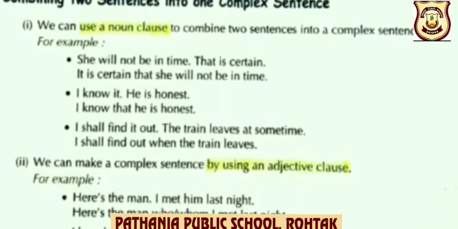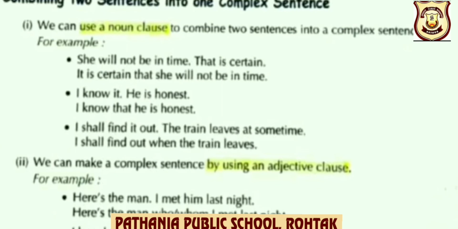And you all very well know that subordinate clauses can be either a noun clause, an adjective clause, or an adverb clause. So now let us learn how to frame one complex sentence by using a noun clause.